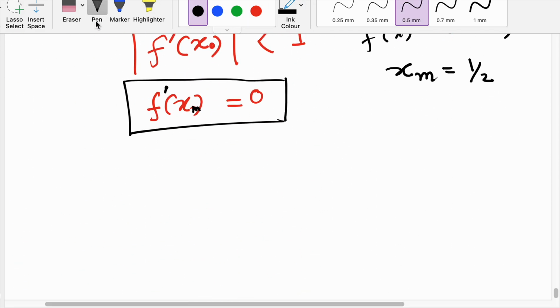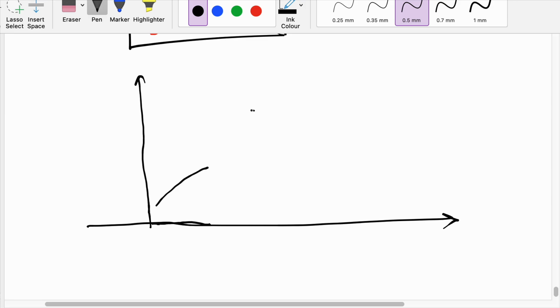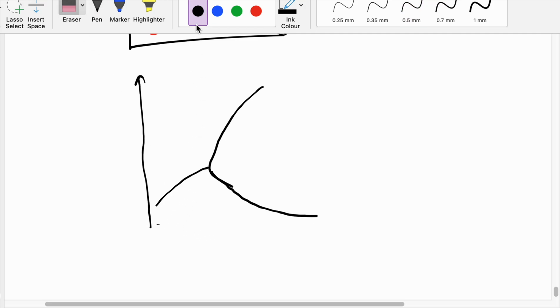Now if I draw, let me draw an arbitrary orbit, some orbit diagram, something like that.